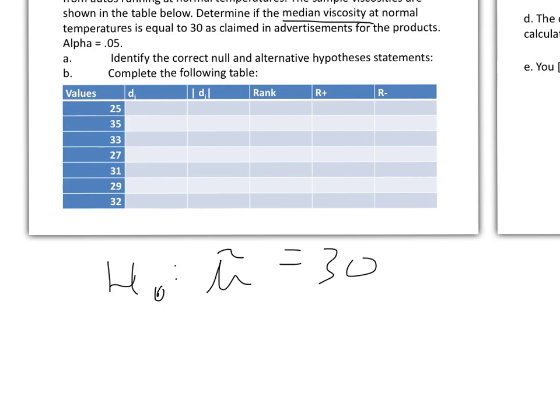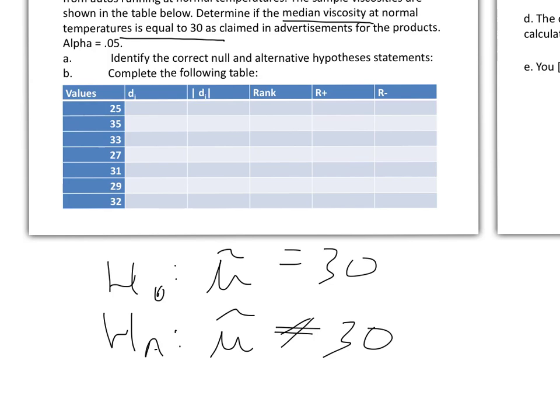This is the viscosity level we're measuring. The alternative then is that the median is not 30. Okay, so those are our statements.